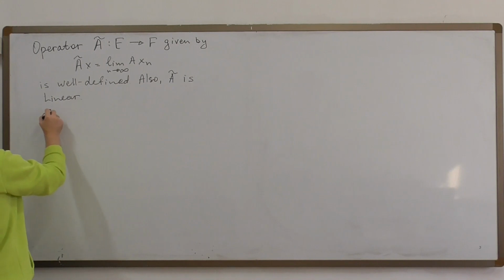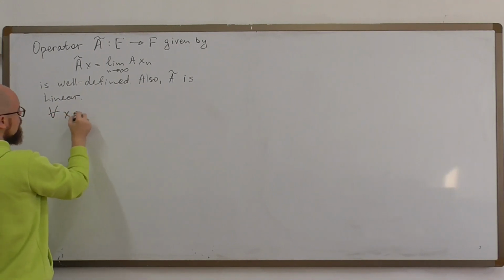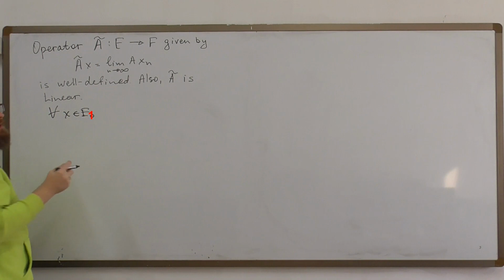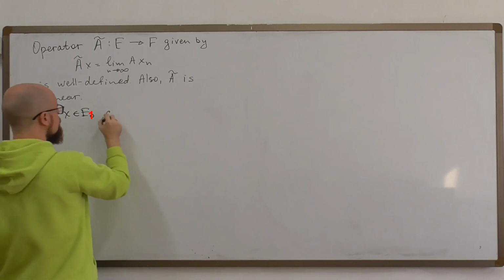So first, for every point x from E1, from the subspace, we can consider a constant sequence.